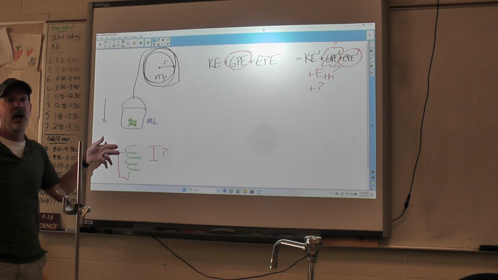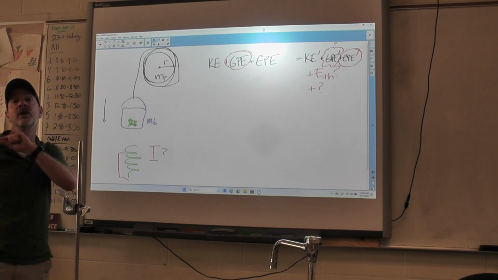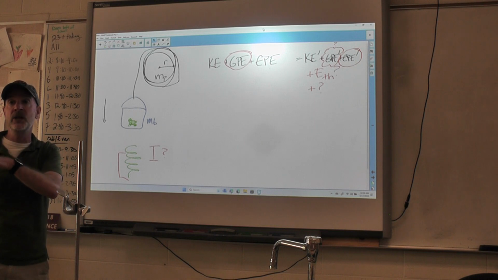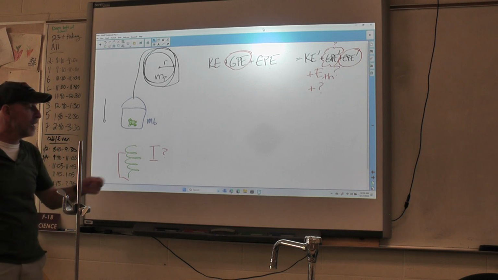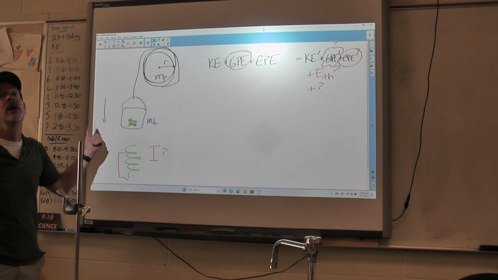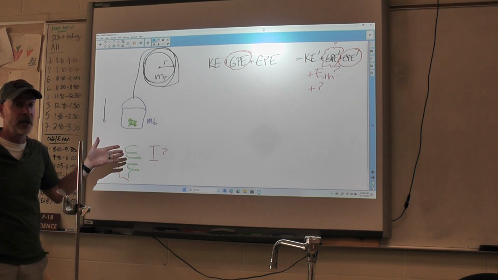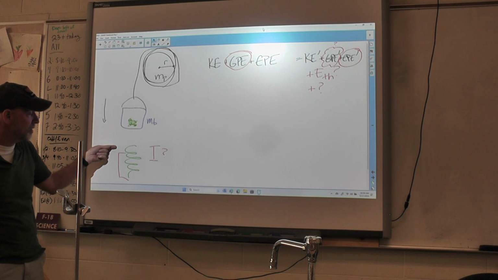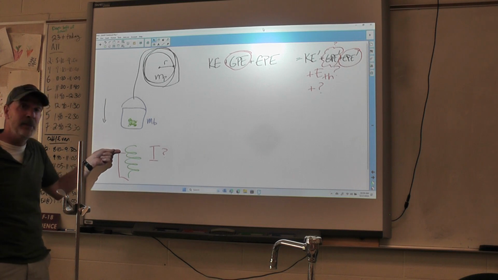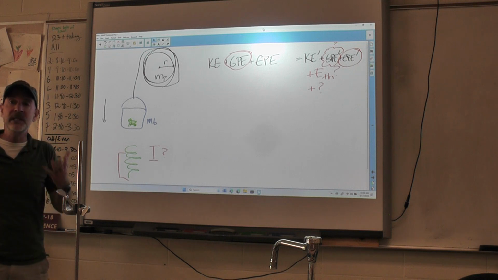If we have a spring that is designed so that a tiny change in its position results in a huge change in the amount of elastic potential energy stored, then the difference in height might be a millimeter. But we're still going to see a lot more energy stored in one case in the spring than in the other. We're not going to see a tremendous difference in gravitational potential energy if this thing ends up a little higher in one case than in another. So where is that energy going?